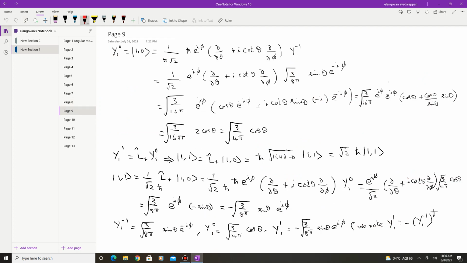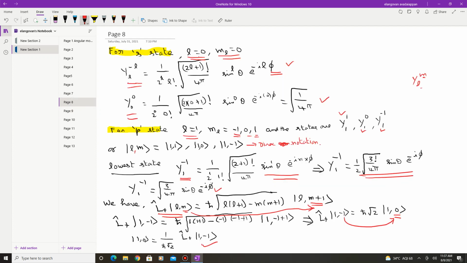The function Y10 is equal to the expression in terms of the ket notation, Dirac notation, 1 comma 0, which is equal to 1 by h cross square root of 2. Here you are writing L plus, because in the previous expression you have L plus. So you know the definition for L plus.